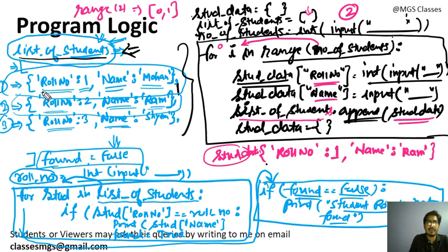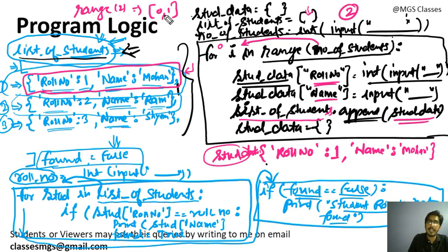Let's suppose I have inserted roll number 1 and Mohan. So this dictionary will be inserted into the list of students, and the list of students will now become roll number 1 and name Mohan.